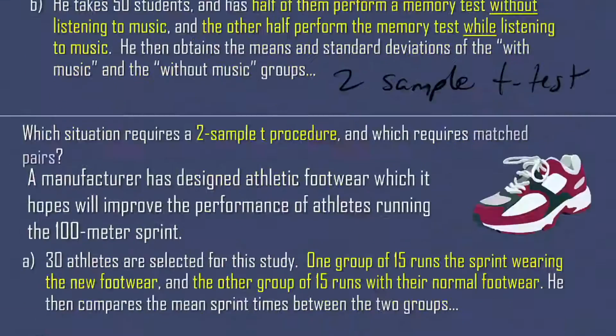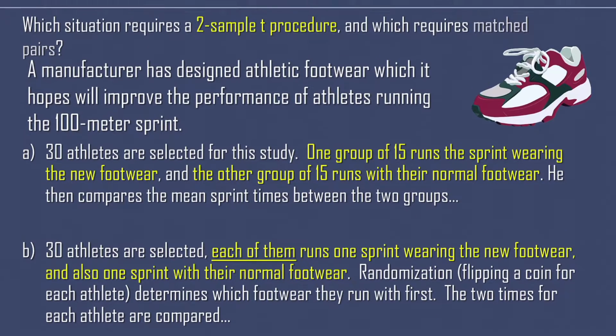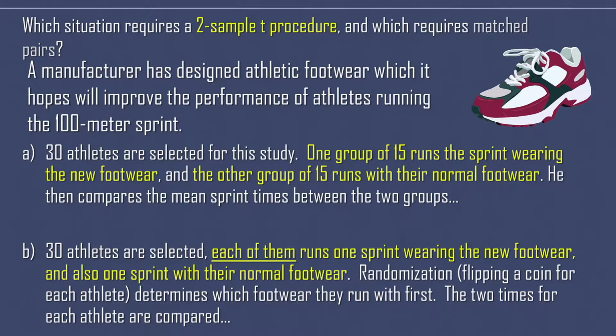All right, so let's look at the next one now. Same thing. I'll give you a few minutes. Read it. Which one is the two sample and which one is not the two sample? Okay. A manufacturer has designed athletic footwear, which it hopes will improve the performance of athletes who run a 100-meter sprint.